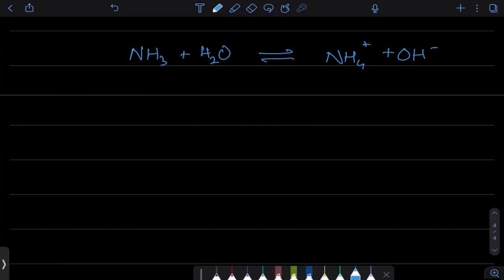Again, ammonia is a weak alkali, so the extent of ionization is low. This is a really small amount, and this stays high. The equilibrium lies mostly towards the left.